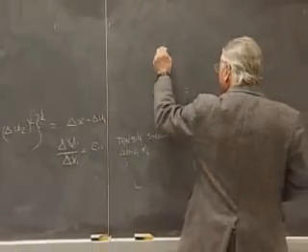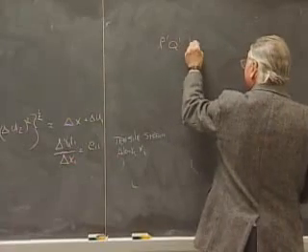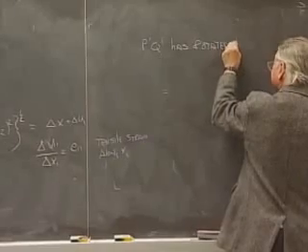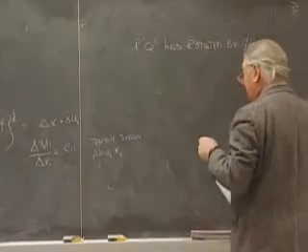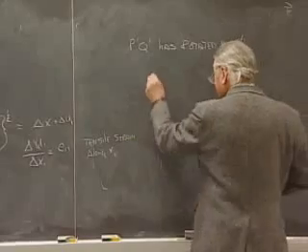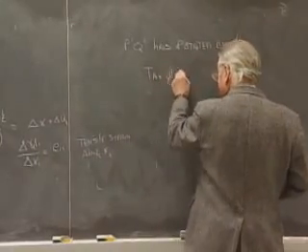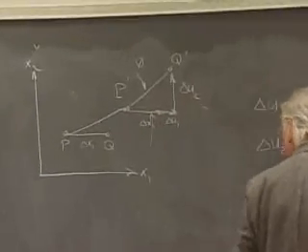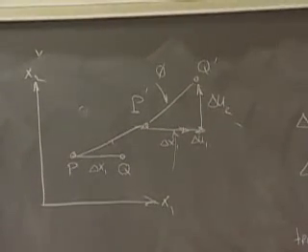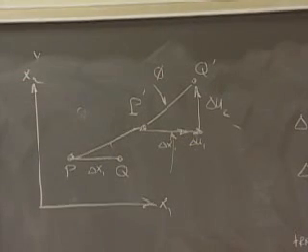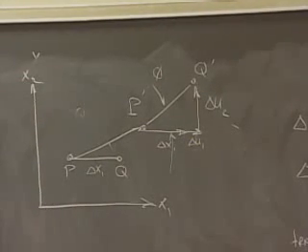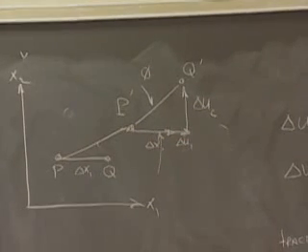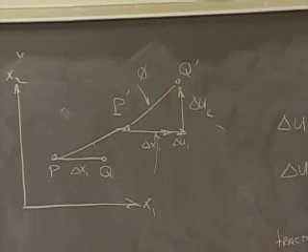The P prime Q prime has also been rotated by phi. And we can say exactly what that is, that the tangent of phi is going to be given exactly by delta u2 divided by the original length of the line segment, delta x1, plus the little increment of displacement along x1.